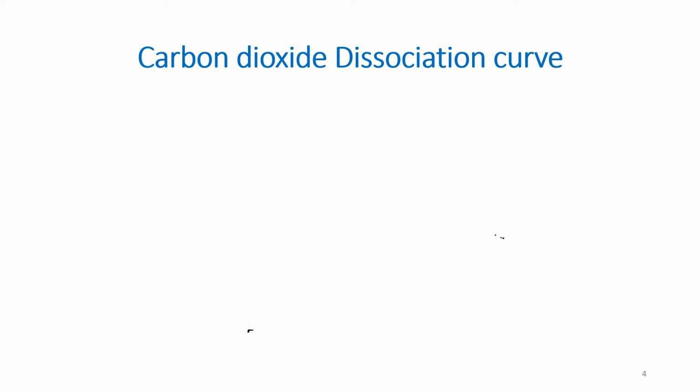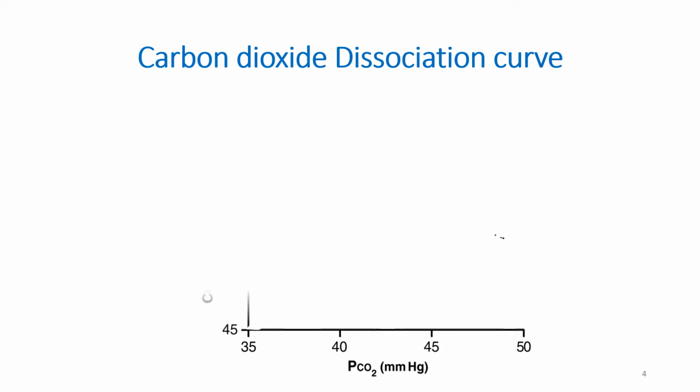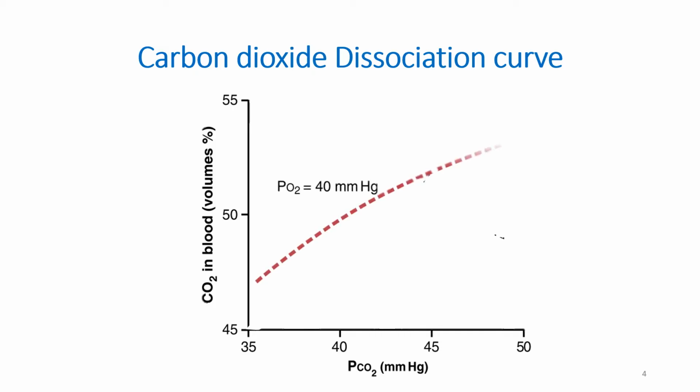This can be more easily demonstrated in the carbon dioxide dissociation curve. So what is the carbon dioxide dissociation curve? It is a curve that we plot with the partial pressure of carbon dioxide on the x-axis and the volume percentage of carbon dioxide content in the blood on the y-axis. When we plot this, we get a curve. Let's try to understand it.